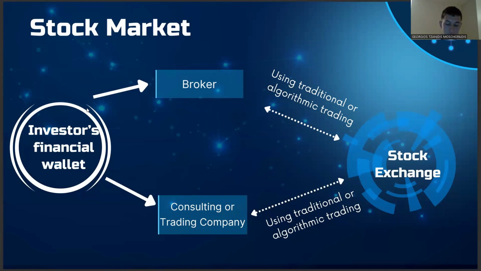After this, the investors have to decide if they will invest through a broker or through a trading consulting company, which both of them will use traditional or algorithmic trading, so to put the investors' orders in the stock market.